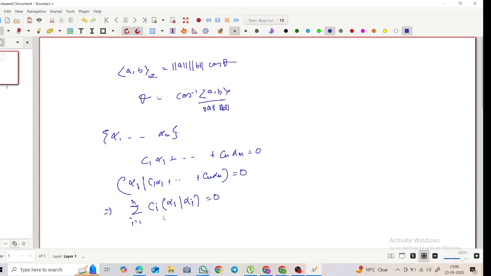But this is an orthogonal set, right? So for i not equal to 1, this term will be 0. And for i equal to 1, only that term will survive, right? So you will get this term. This is 0. This means C1 is 0 because norm of alpha 1 is non-zero. And this way you can show that every Ci is 0.